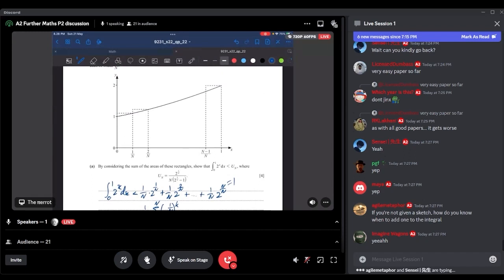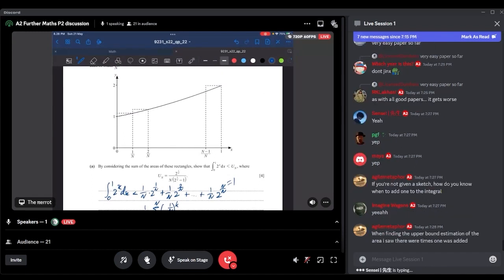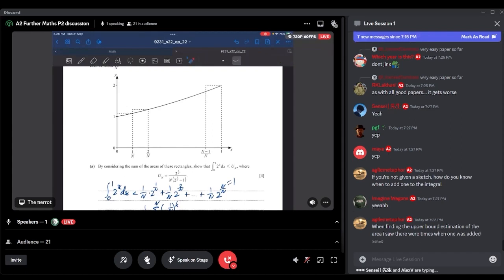I mean, usually if you're not given the sketch of the area, I saw there were times when finding the upper bound estimation of the area, 1 was added. Are you talking about this one?